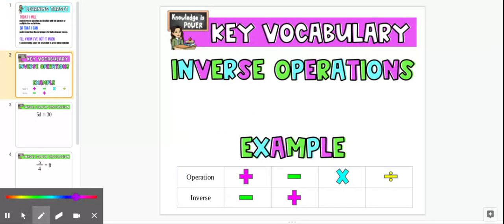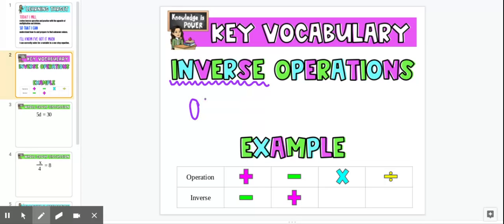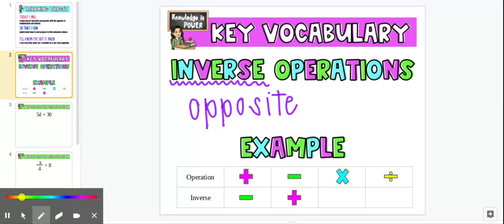So let's talk about what inverse operations are. Remember, inverse really means the opposite. It's the opposite operation. Last time we talked about addition and subtraction. This time we're going to talk about multiplication and division.